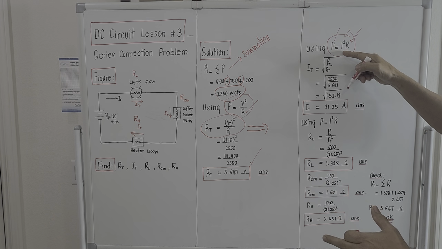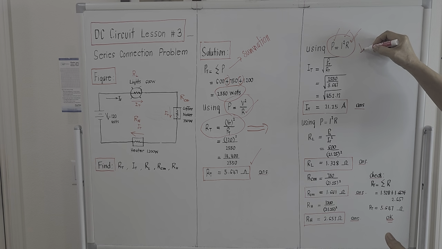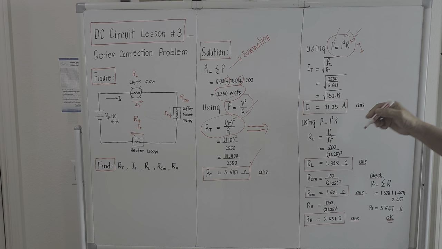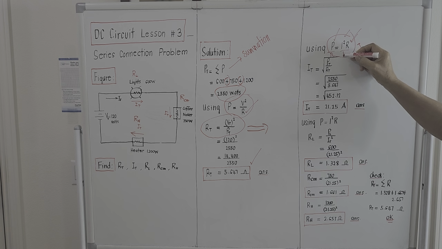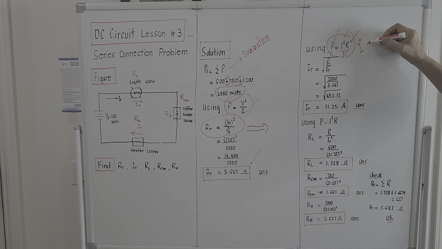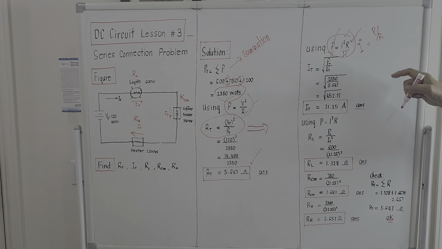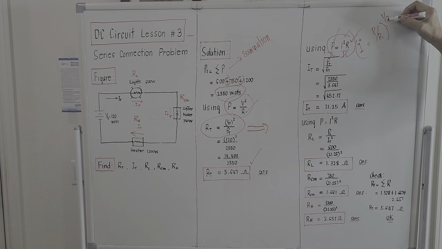So if we compute for I now, with algebraic manipulations, we divide both sides by R. What remains on the right will simply be I squared equal to the ratio P over R. But to compute for I without the square, we must raise this to the 1/2.